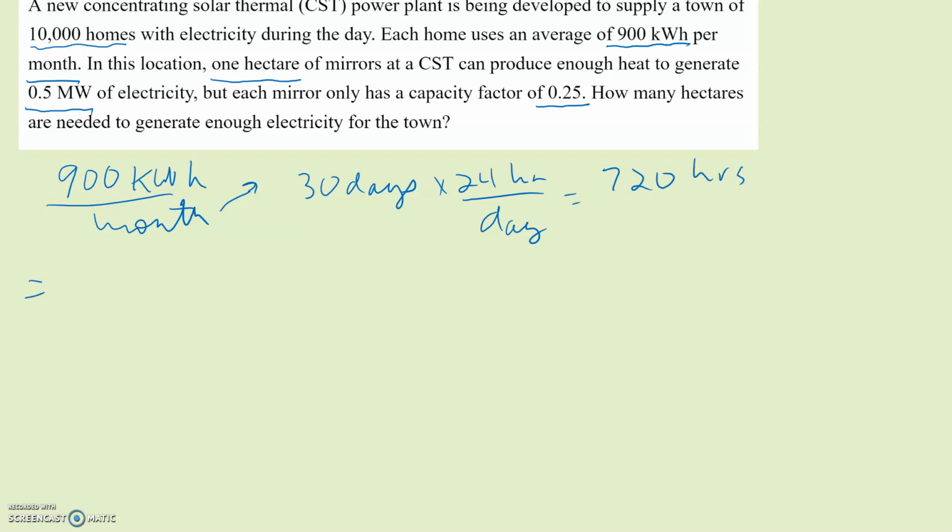So you could say that 900 kilowatt hours per month is the same as 900 kilowatt hours per 720 hours, and that eliminates hours. 720 goes into 900 1 1/4 times, I believe.